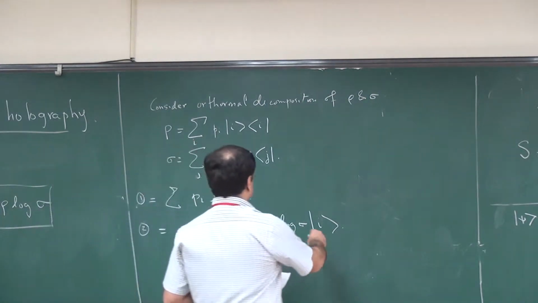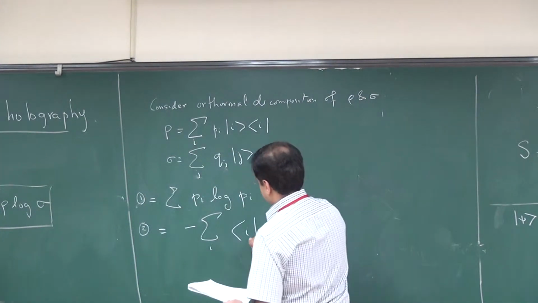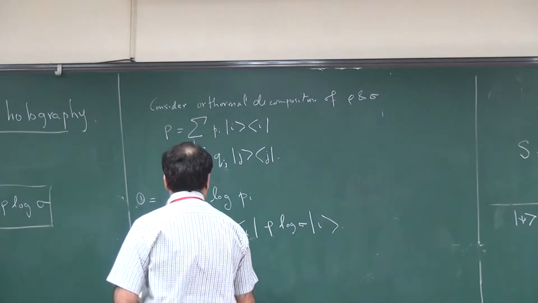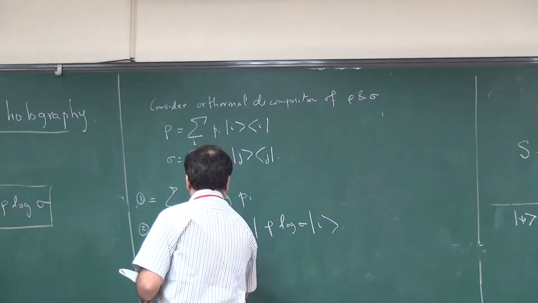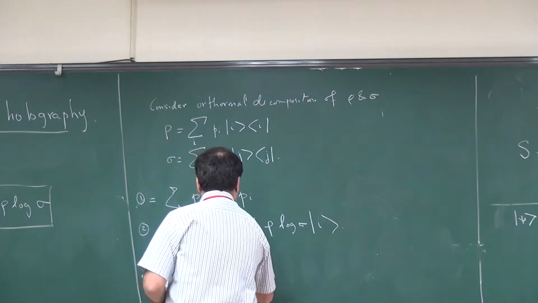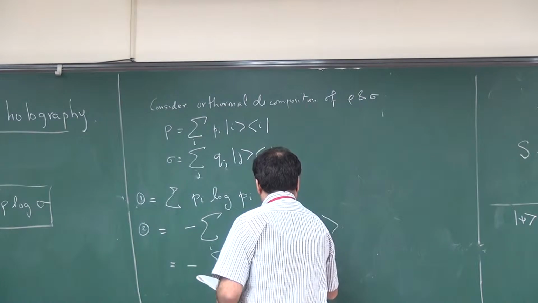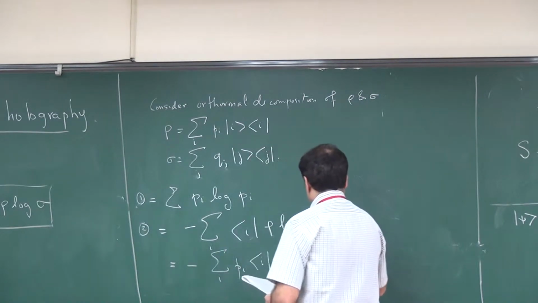So rho acting on |i> is going to bring out p_i. This is minus summation i p_i <i| log sigma |i>.